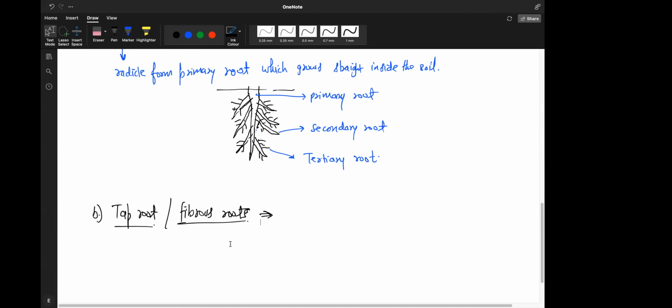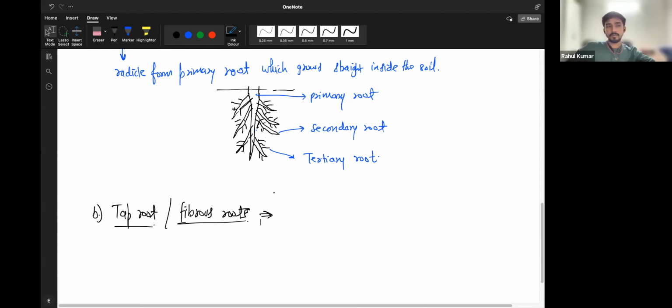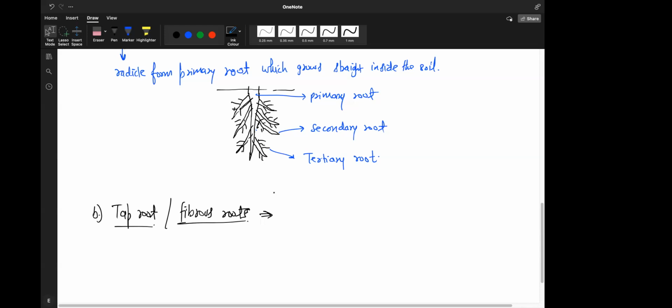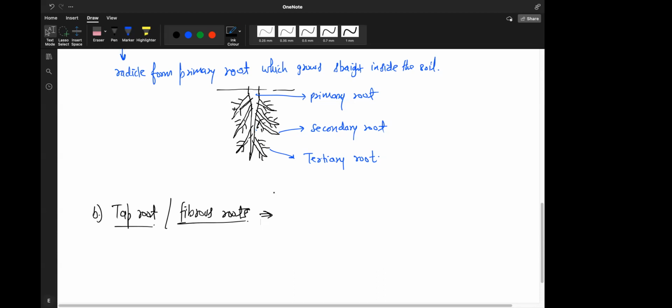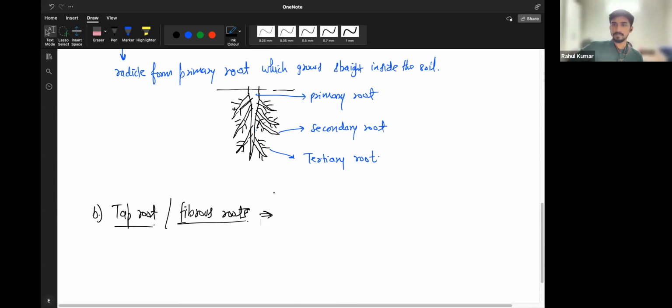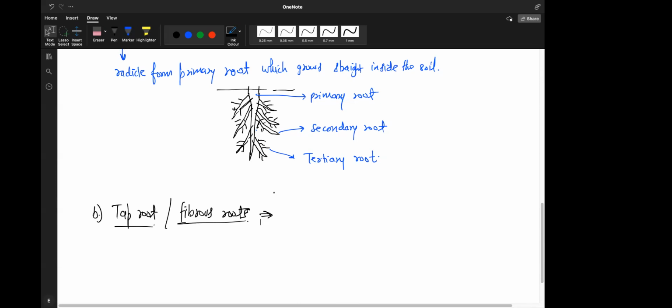Taproot has one main root with some secondary roots, and fibrous roots are like a cluster of roots. Do fibrous roots have a primary root as well?